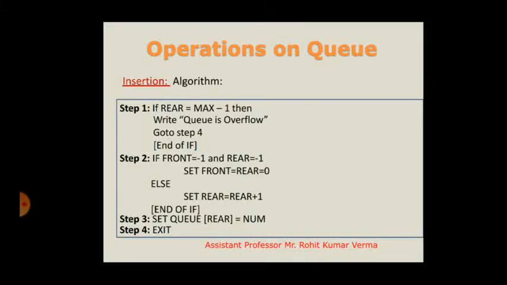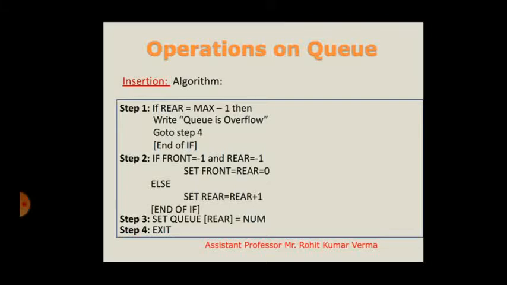Okay, I think this is clear. Then dear students, in step 2 you can see if the queue is not full. In the first step we check whether the queue is full. If there is no space for a new item, we write that the queue is overflow. But suppose the second case, when the queue is not full, then what happens?